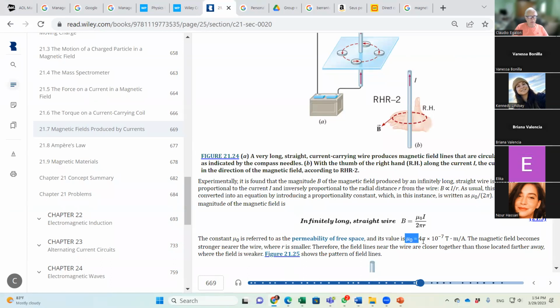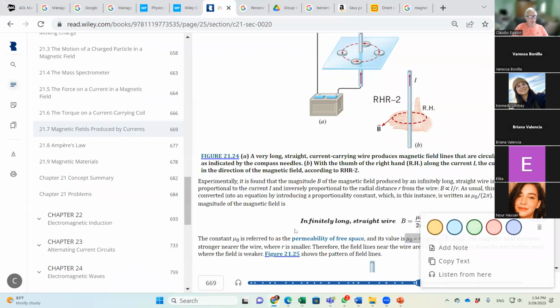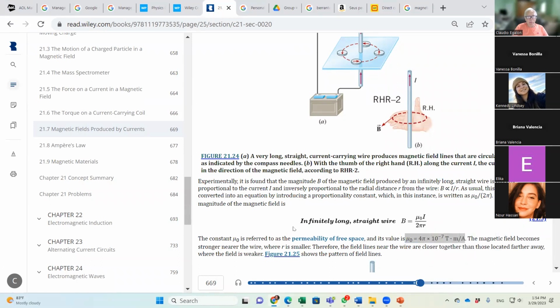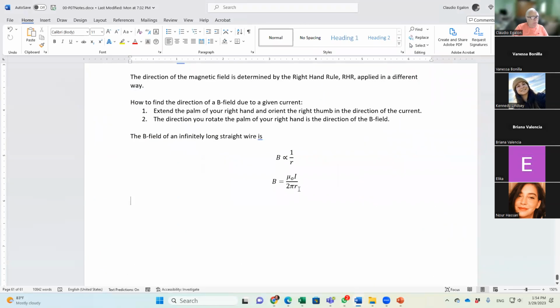Mu naught is a constant. It's the magnetic counterpart of the dielectric constant. We can write that down like that: mu naught. Mu naught is the magnetic counterpart of the dielectric constant.